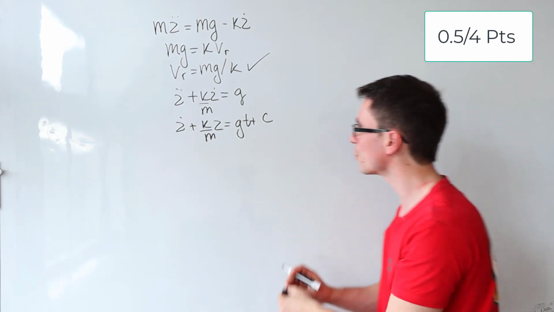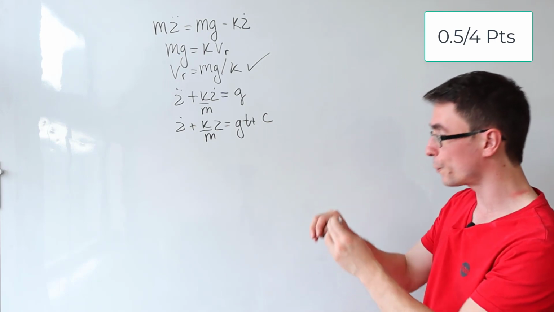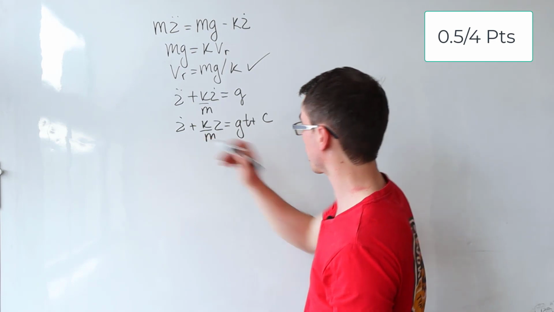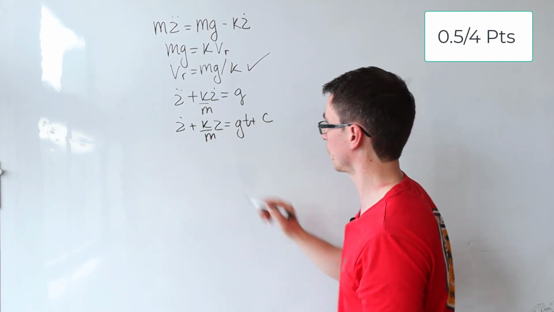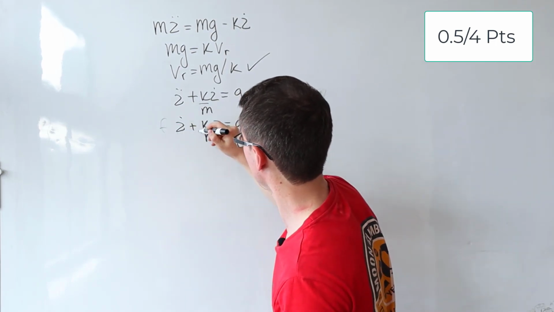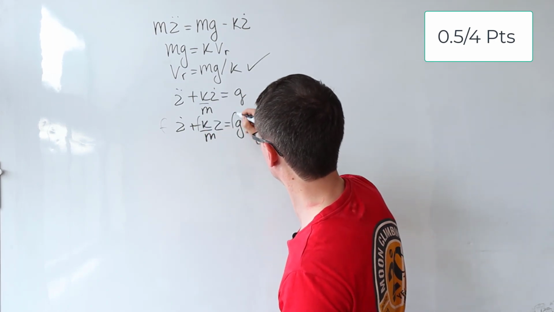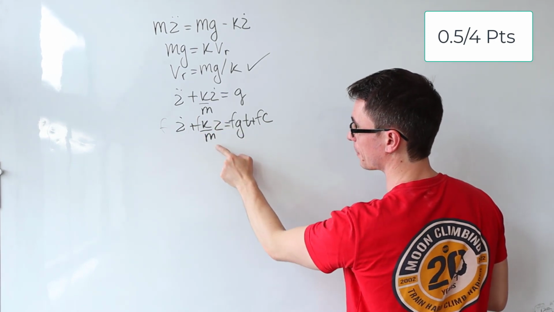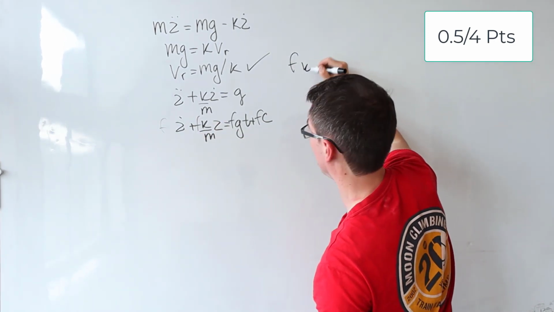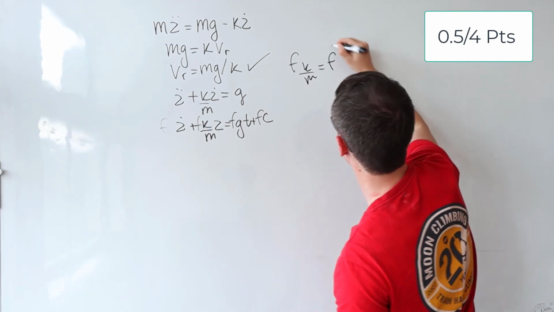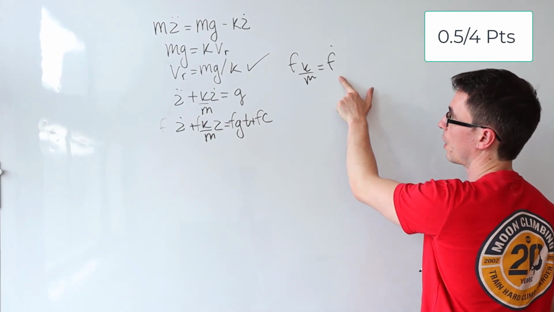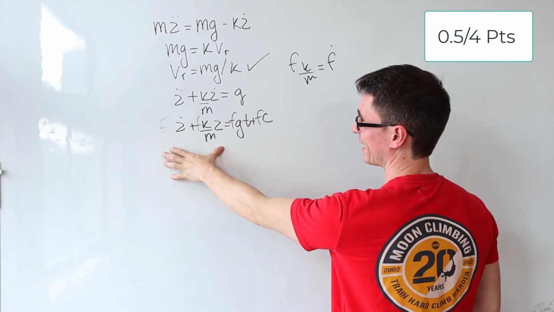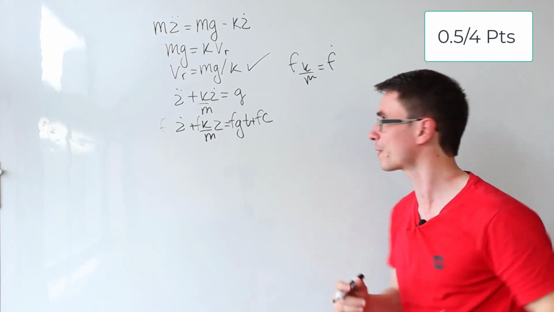So what we can do is multiply both sides by a function f, such that f times k over m is actually defined as the time derivative of f. And then we can use essentially the product rule to simplify this left-hand side. Let me show you. This is really cool.